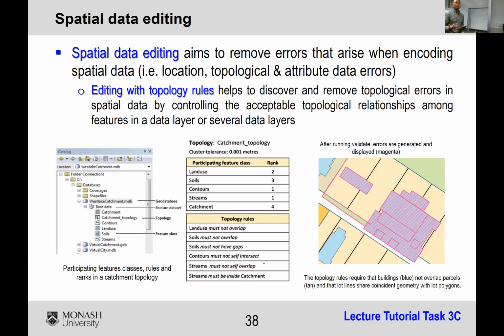Now topology can be used to define the shared features or define what happens when we move the shared features. And we can also use topology to identify topological errors in the data feature. This is done by defining the three parameters: the cluster tolerance, the rank, and here we also want to define what topological rules we want to use.